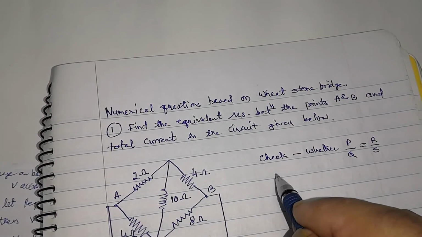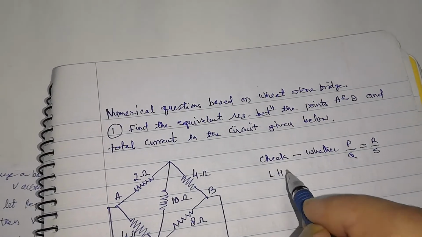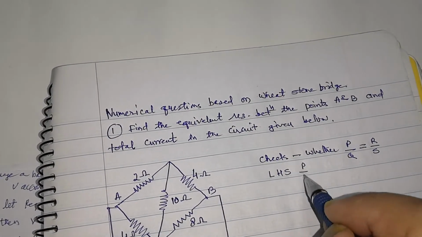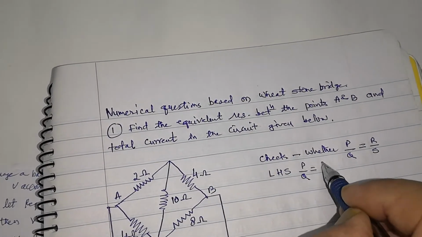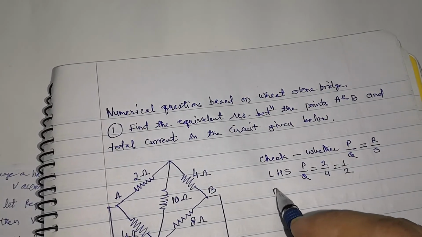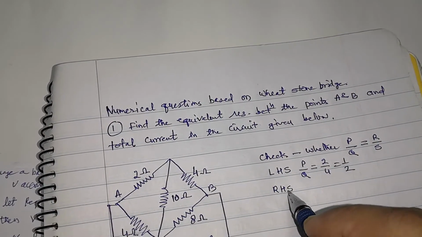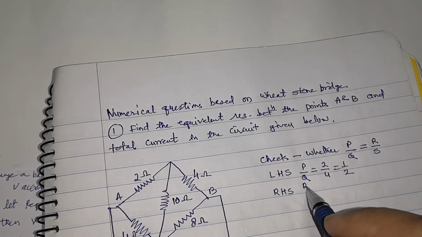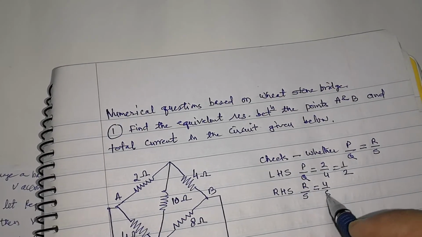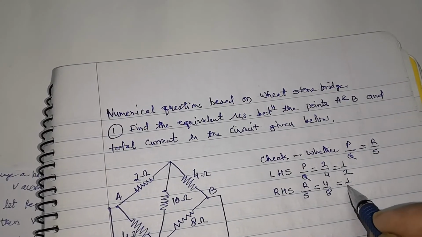On the left hand side we have P upon Q equal to 2 by 4, that is equal to 1 by 2. On the right hand side we have R upon S equal to 4 by 8, that is also 1 by 2.